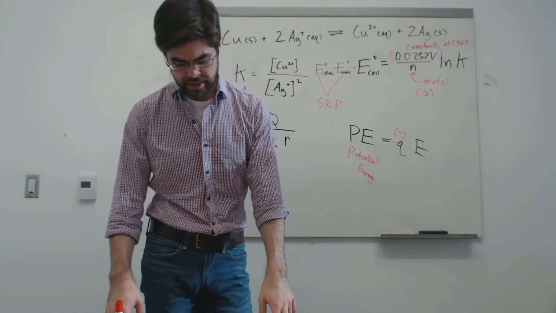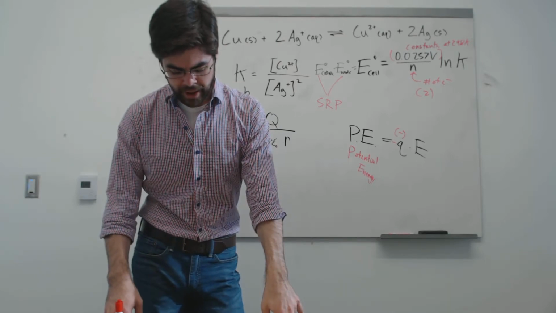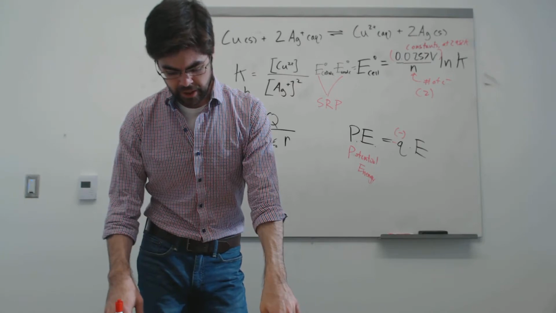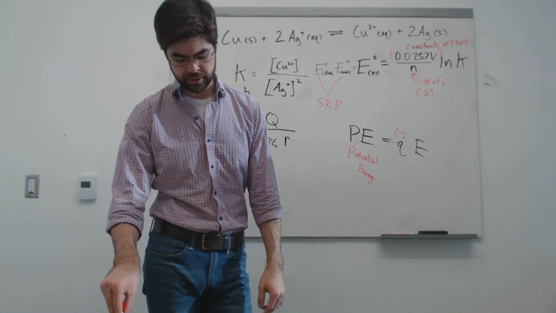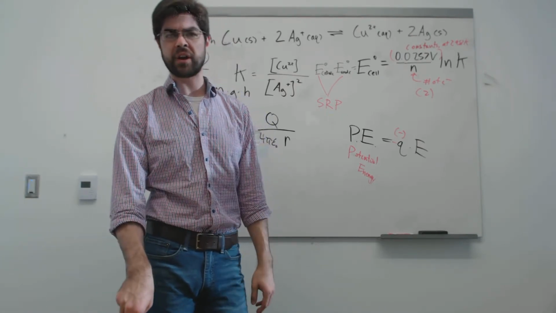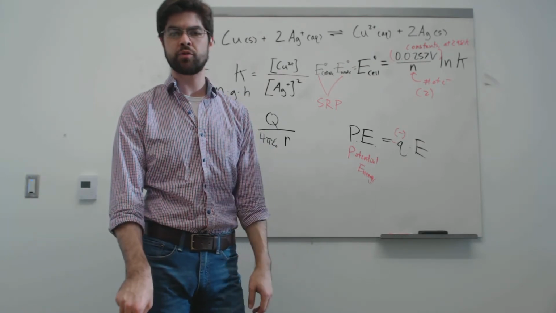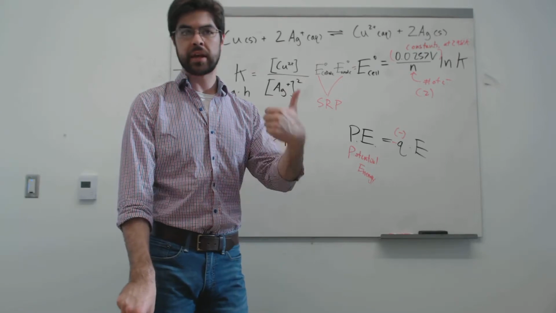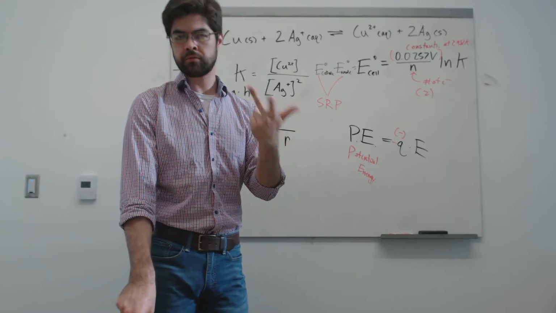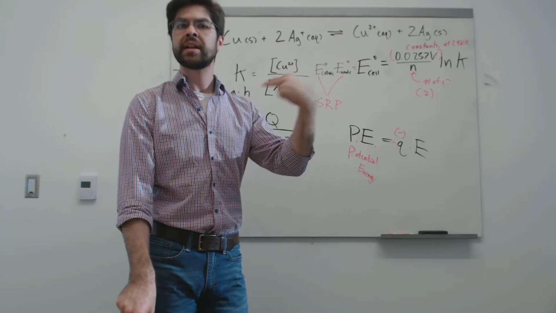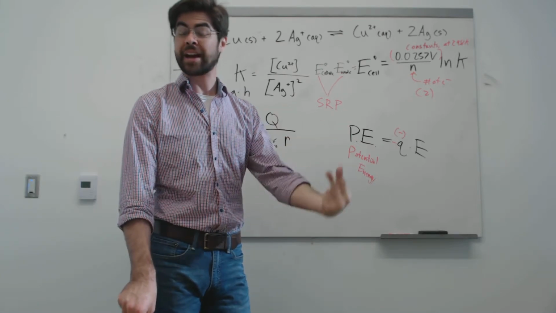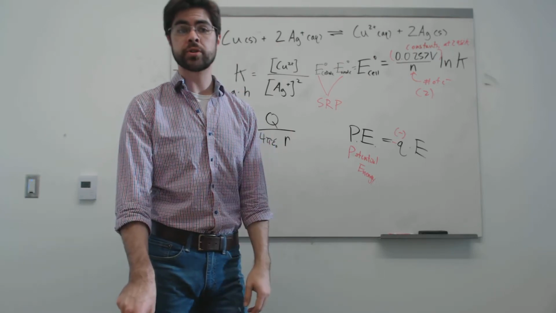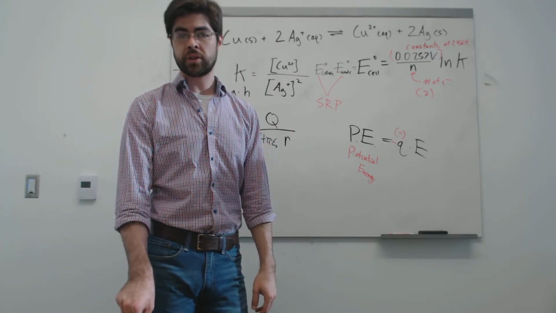Is it safe to say that elements that form negative ions tend to have very positive electrochemical potentials? Yeah, I think that's fairly safe to say. If an element tends to form negative ions, like bromine, chlorine, fluorine, which form anions, bromide, chloride, and fluoride, those also have largely positive reduction potentials.